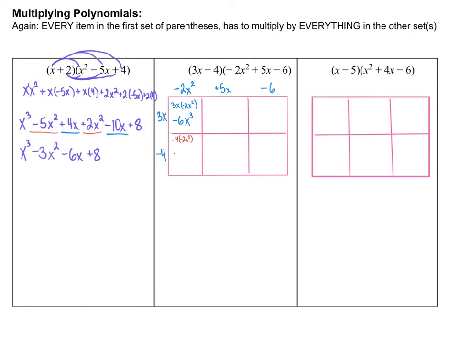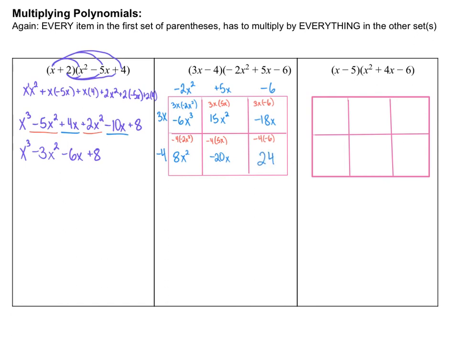Negative 4 times negative 2 is a positive 8x squared. 3x times a positive 5x gets me 15x squared. Negative 4 times 5x gives me negative 20x. 3x times negative 6 gives me a negative 18x. Positive 3, negative 6 make negative. Negative 4 times negative 6 gives me a positive 24.